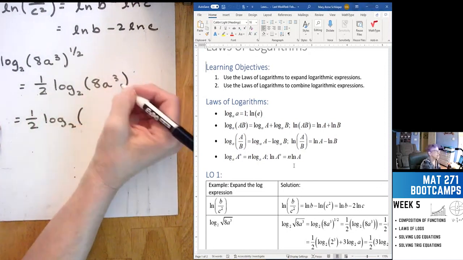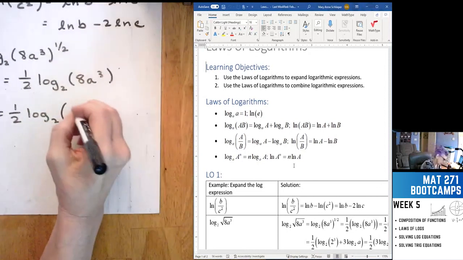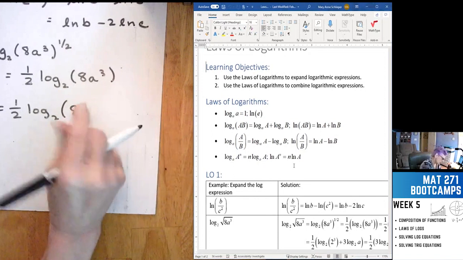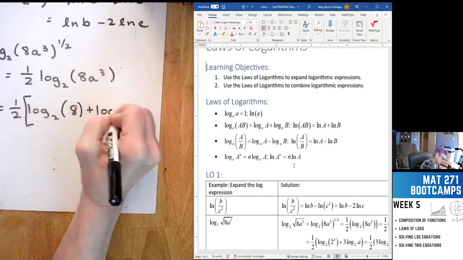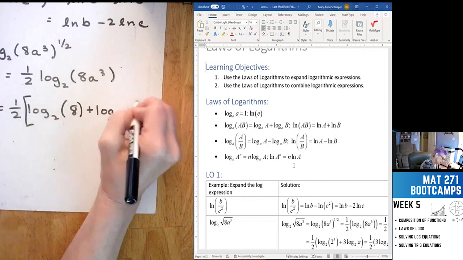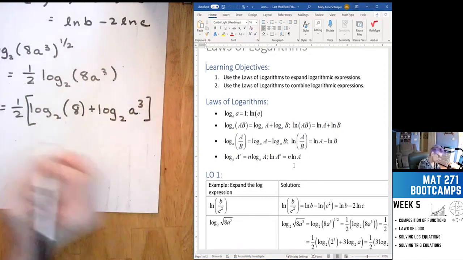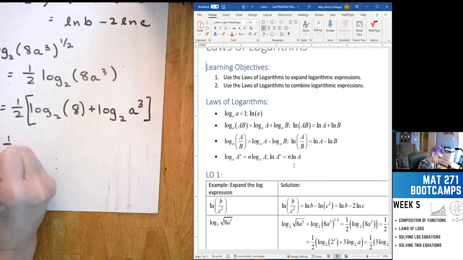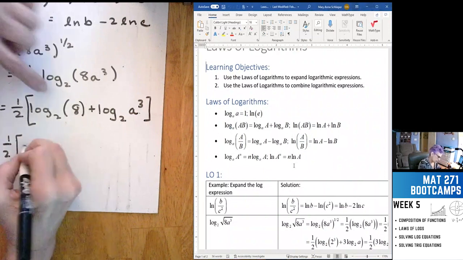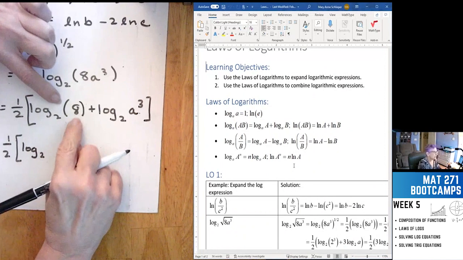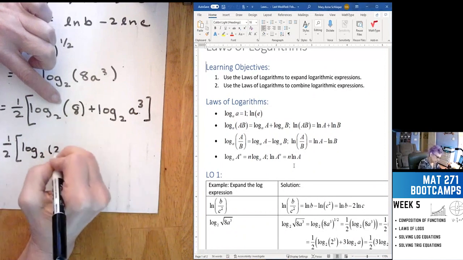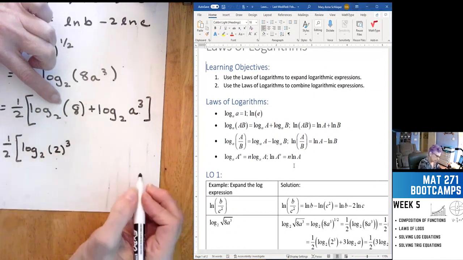Then we can divide this into pieces because we have 8 plus log base 2 of a cubed. But log base 2 of 8, 8 happens to be equal to 2 to the 3rd power.